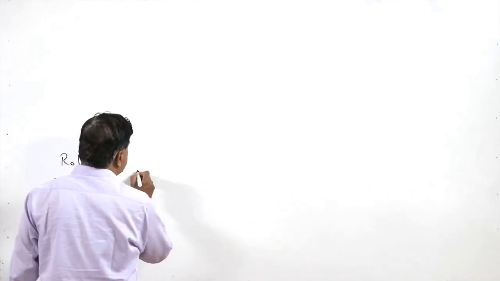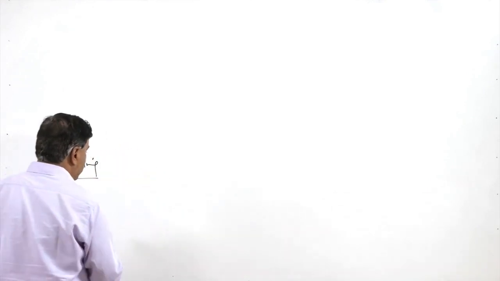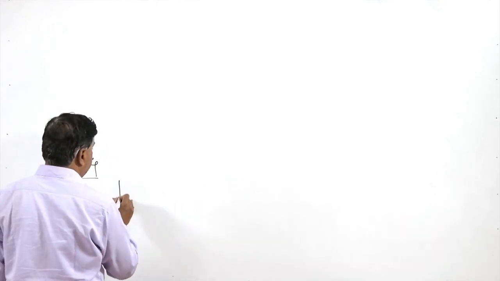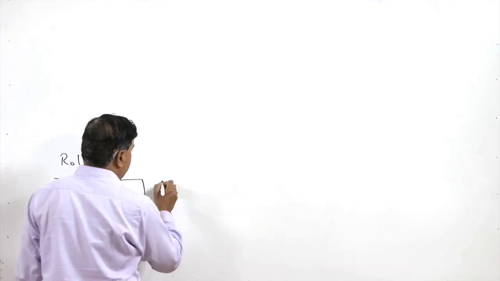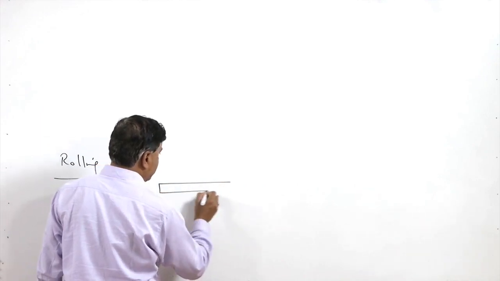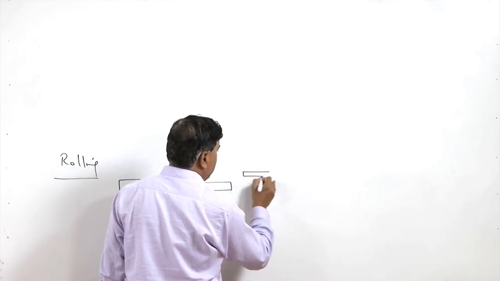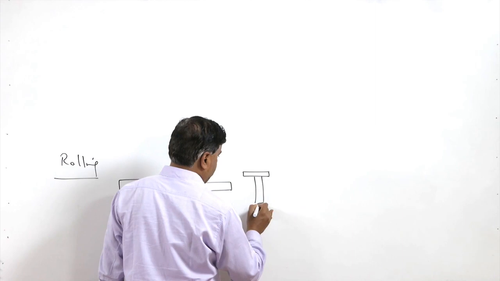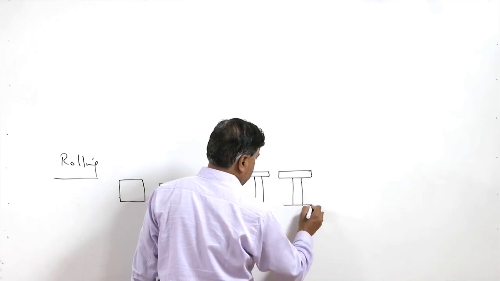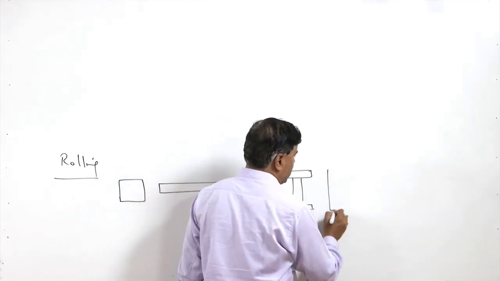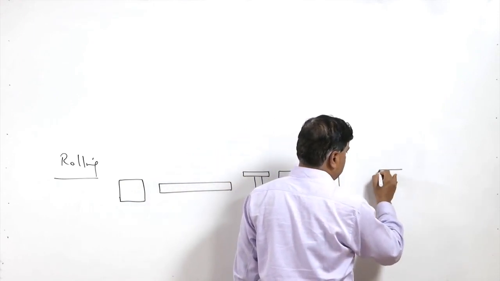There is a variety of shapes which can be produced by rolling. These may be in the form of a square section, plates, T section, I section, L section, and C sections.